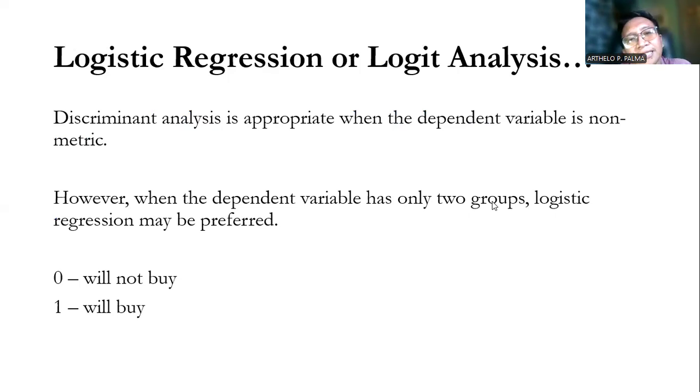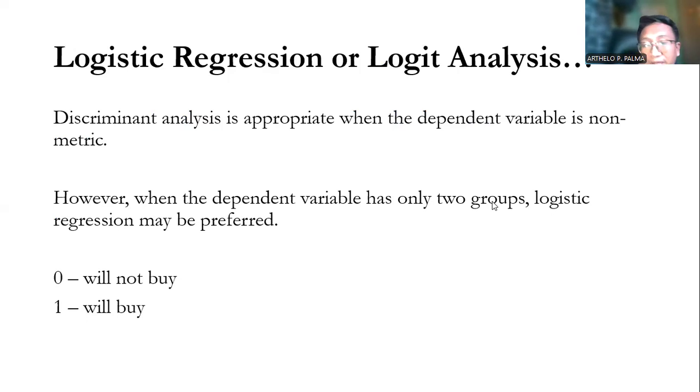So discriminant analysis is appropriate, as I told earlier, when the dependent variable is non-metric. It's the same thing with logistic regression. However, when the dependent variable has only two groups, logistic regression may be preferred. For example, 0 will stand for will not buy, and 1 will stand for will buy.